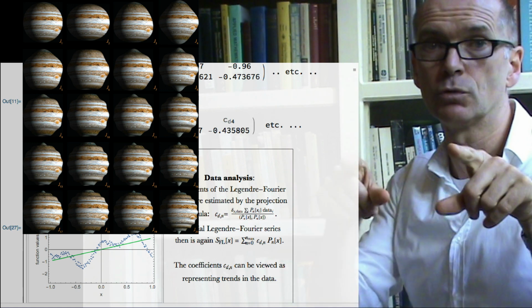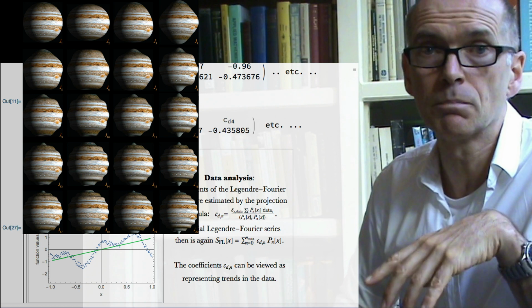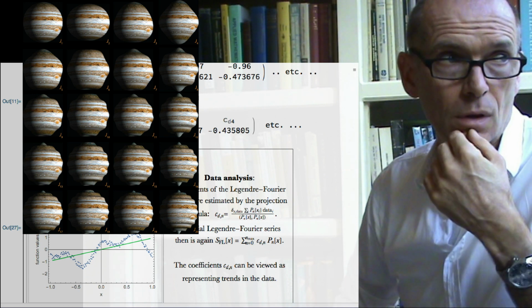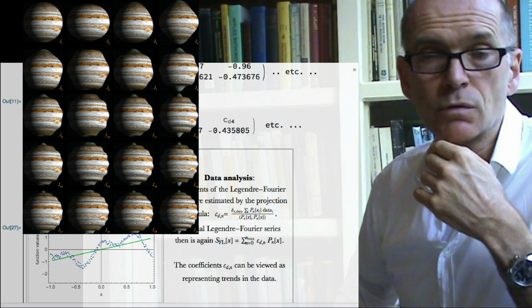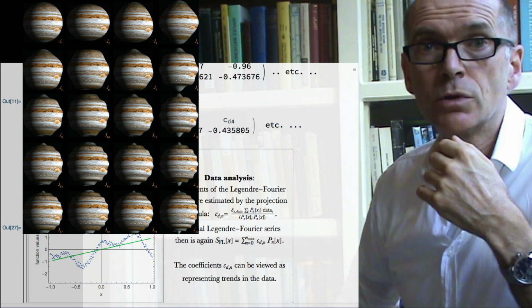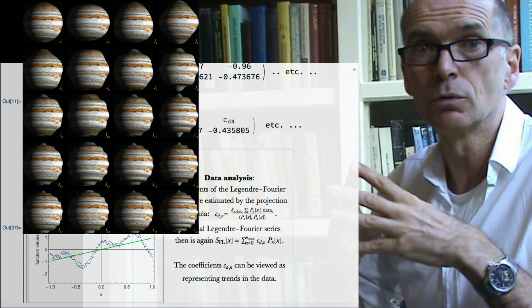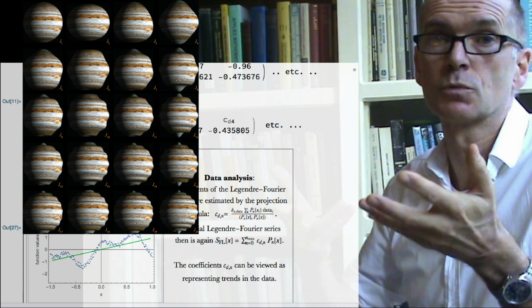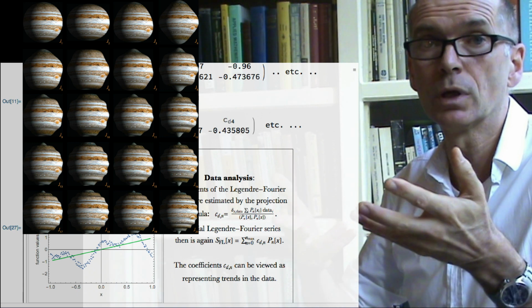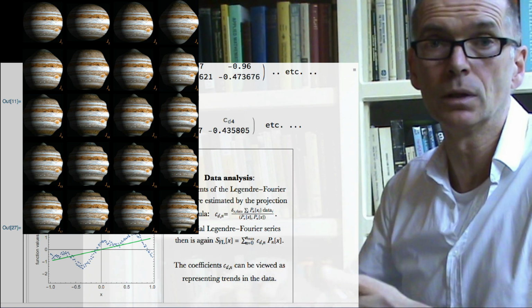If you check the papers, and they appeared in the scientific journal Nature, January 2018, you see plots of the gravitational field of Jupiter interpreted in terms of spherical harmonics, looking for such asymmetries.